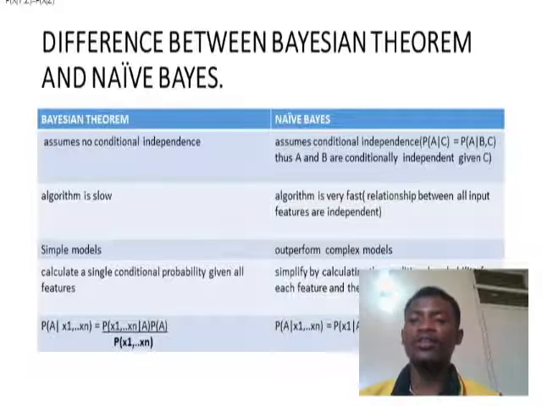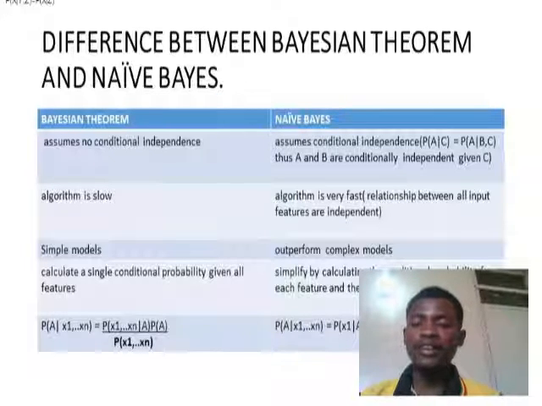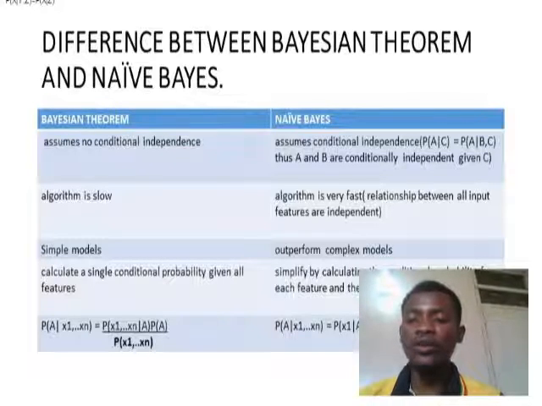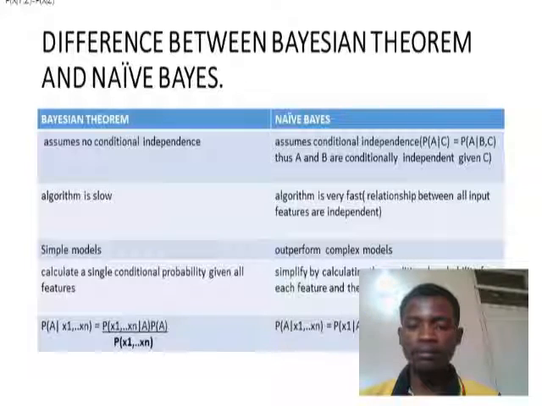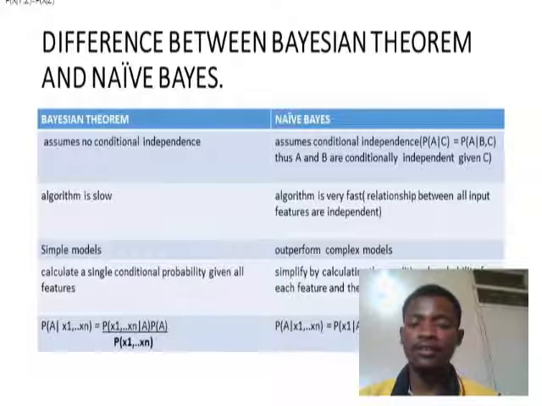So I'm going to take you through the difference between Bayesian theorem and naive Bayes. Bayesian theorem assumes no conditional independence, whereas naive Bayes has conditional independence given the class.